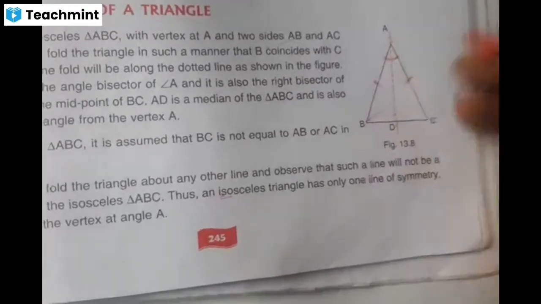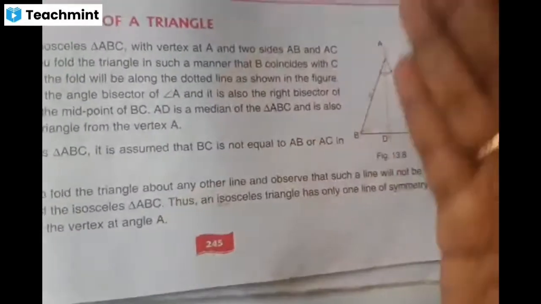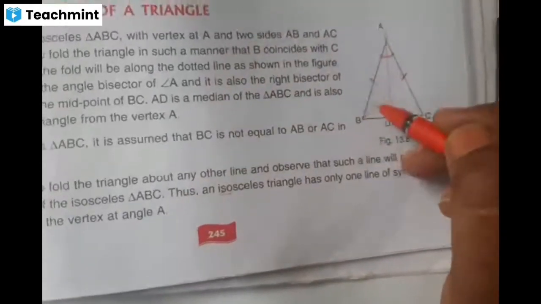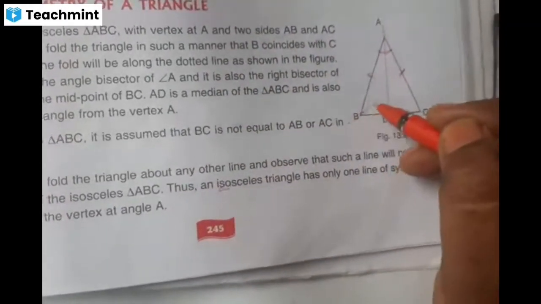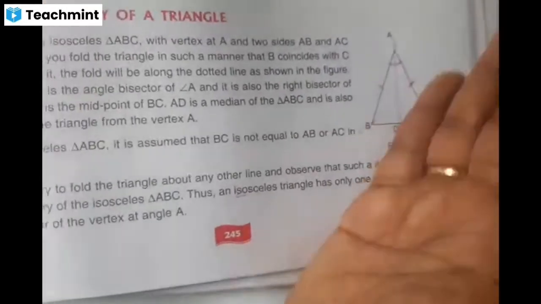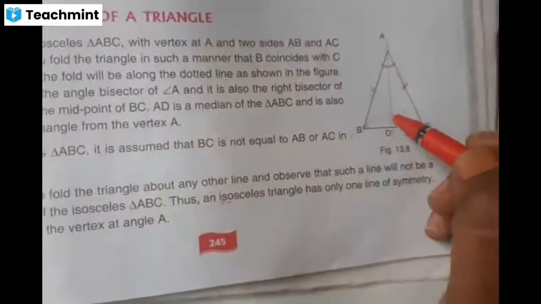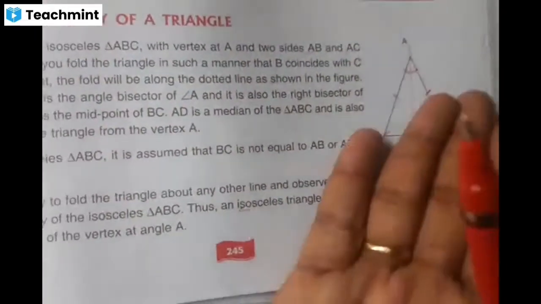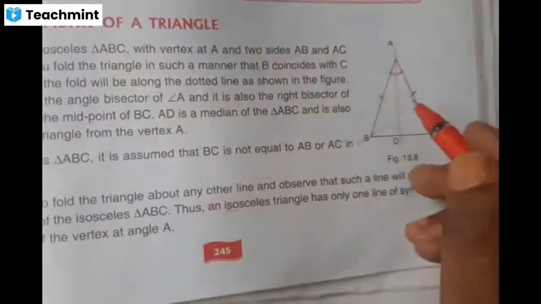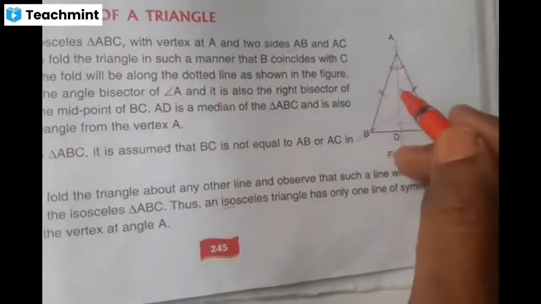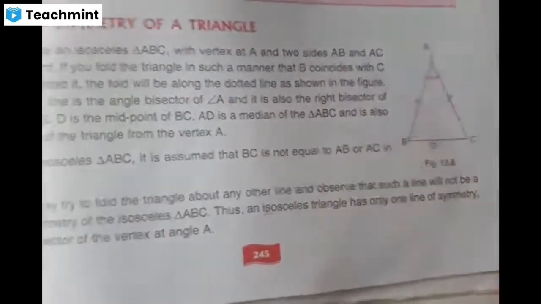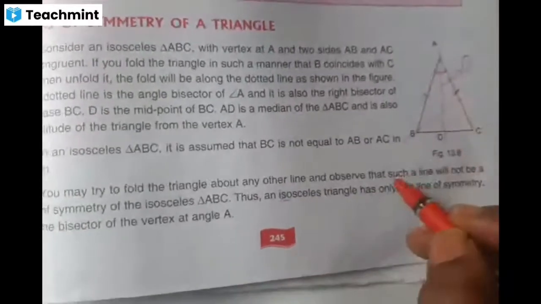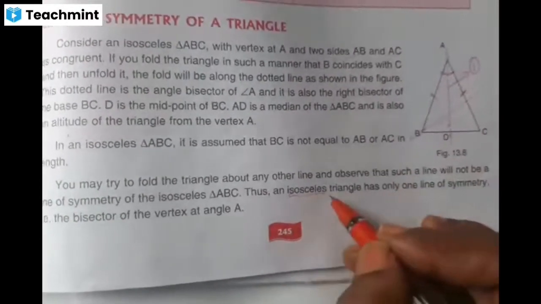If I draw the line of symmetry and fold it about the line, then each part coincides with the other part. But if I draw the line of symmetry here and fold, it does not coincide. Okay, you should understand here, it does not coincide. Each part is not coinciding here. Some of the part is left out. So we get only one line of symmetry in an isosceles triangle.